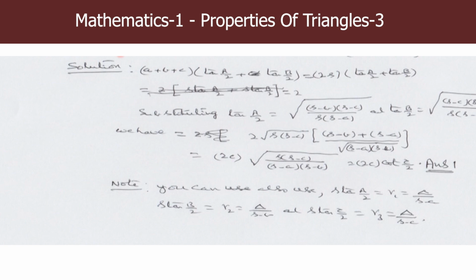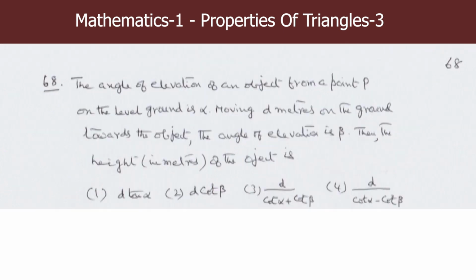68. The angle of elevation of an object from a point P, see the diagram, on the level ground is alpha. Moving d meters on the ground towards the object, the angle of elevation is beta.